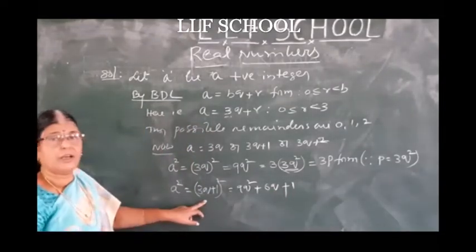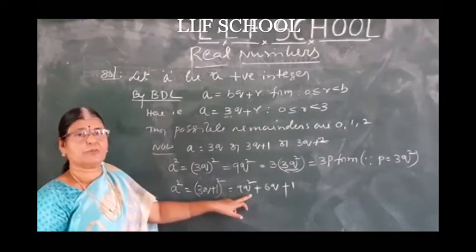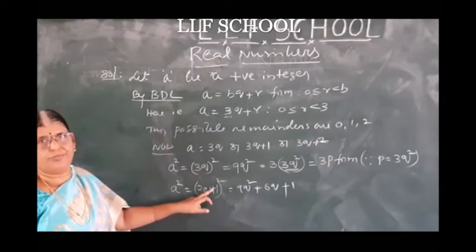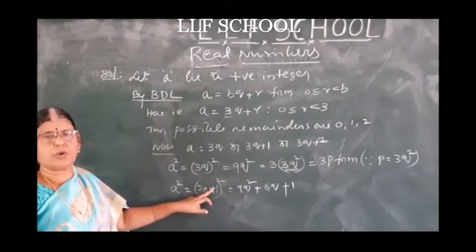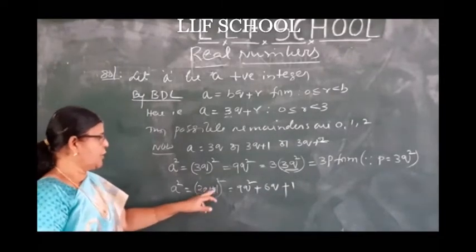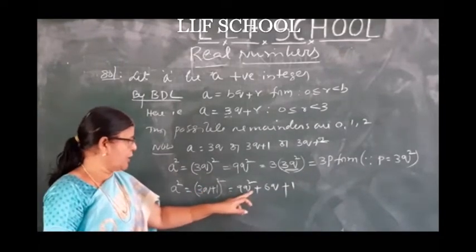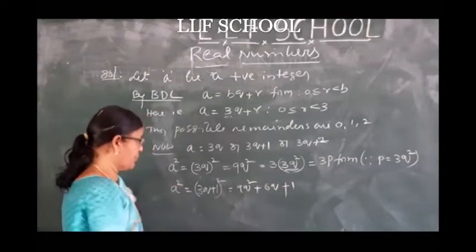Here we apply the a plus b whole square formula. You know very well, a plus b whole square is equal to a square plus 2ab plus b square. Like that, 3q plus 1 whole square is equal to 9q square plus 6q plus 1.